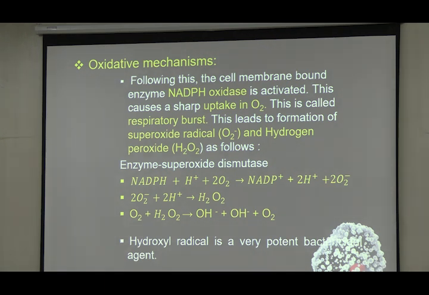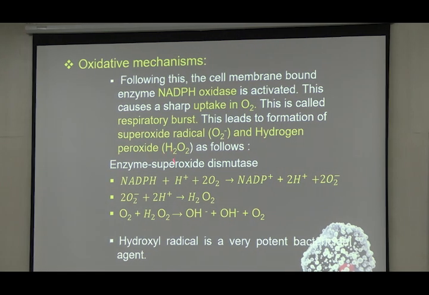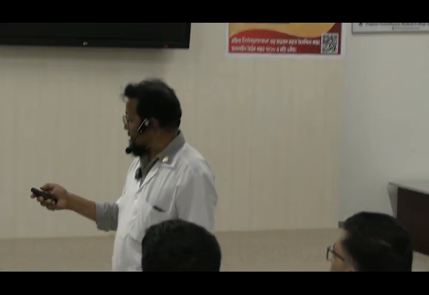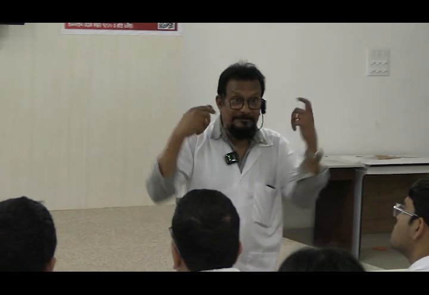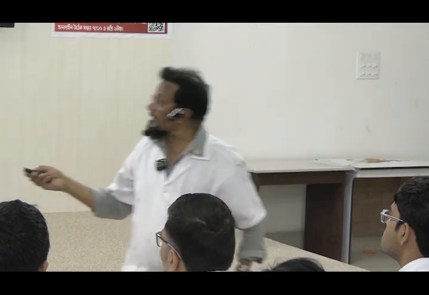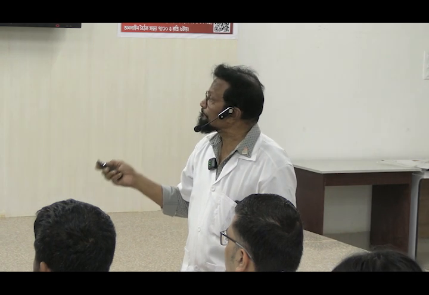So now what are the oxidants? This is one oxidant, this is one oxidant, and this is another. They are potent oxidizing agents. With these agents, they kill the bacteria. They have killed the foreigner.